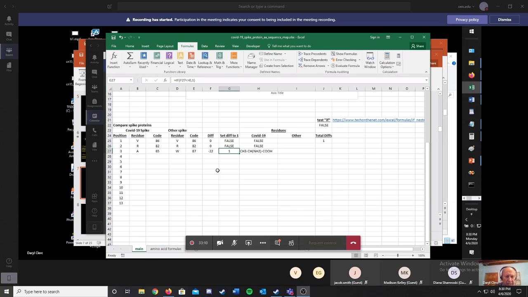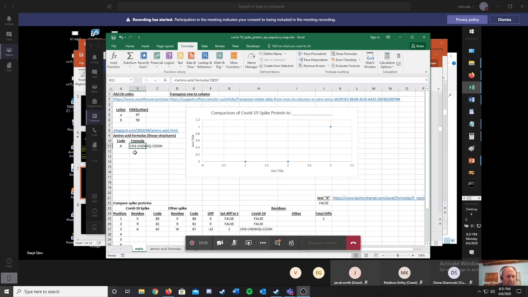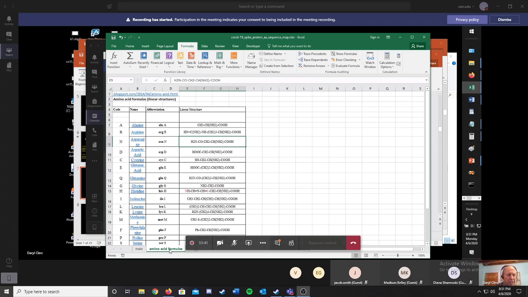Make a list of the 21 or so amino acid residues, their codes and their formulas, and put them somewhere on the sheet, like right here, or you could use a different sheet if you want. So for example, this one's code A is this formula that corresponds to this here. This is cell A7 and cell E7.